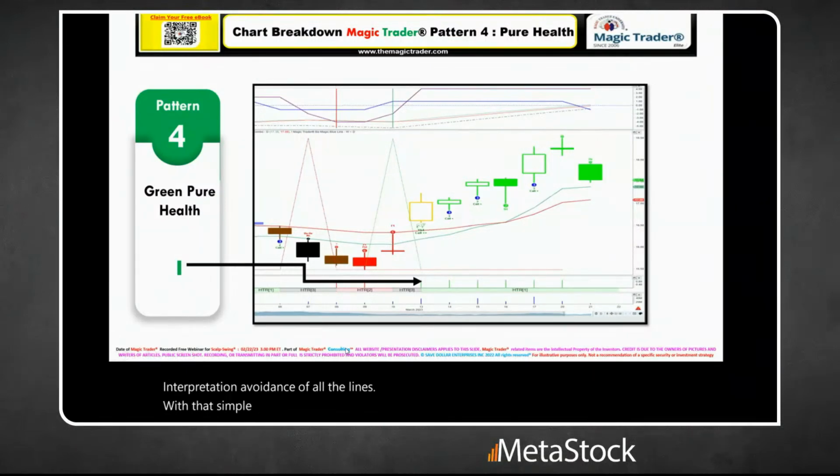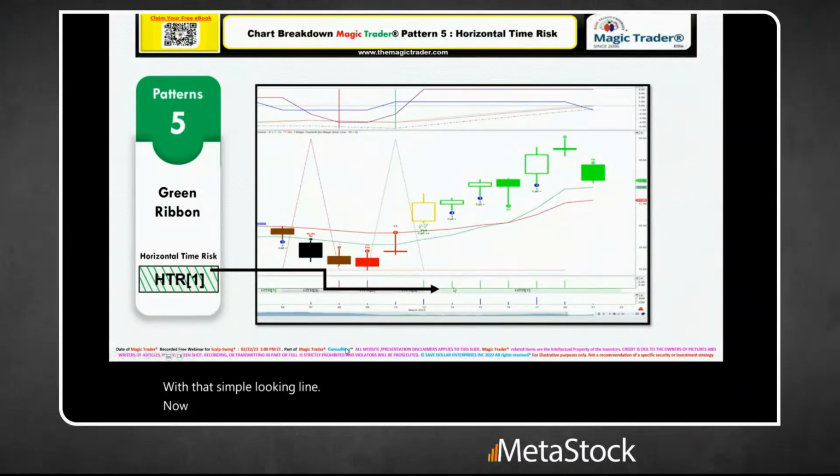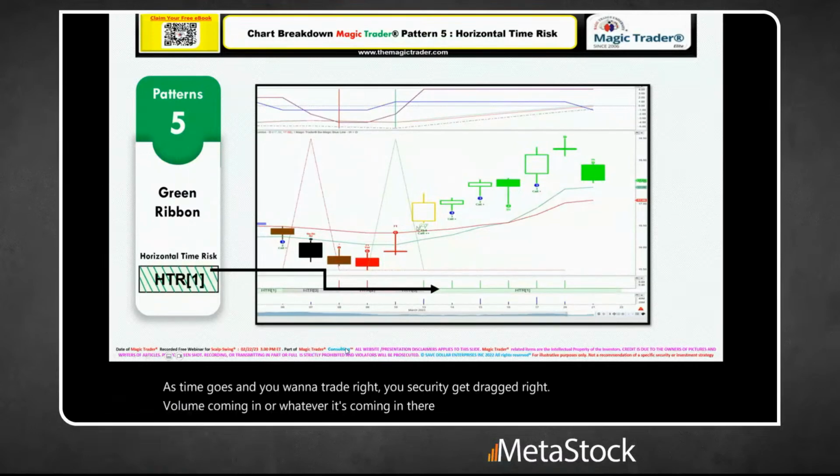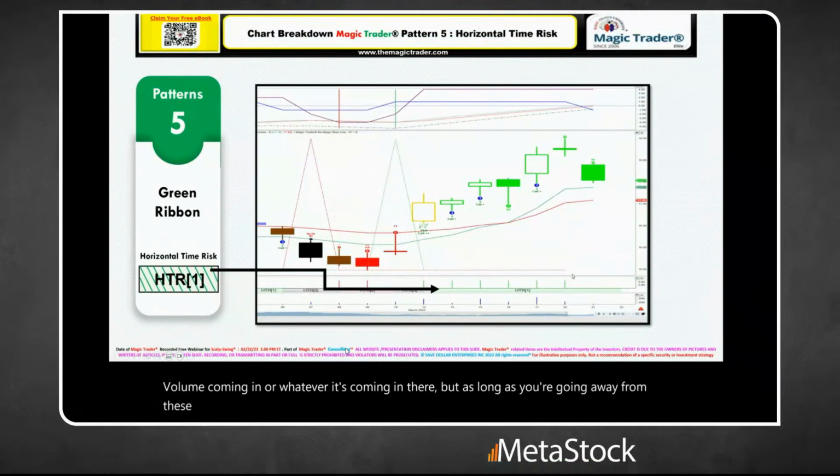So I have some kind of interpretation, avoidance of all the lines, with that simple looking line. Now, this is the ribbon, which is different than any MetaStock ribbons. This is designed based on time risk. As time goes and you're in a trade, right, the security gets dragged, volume coming in or whatever is coming in there. But as long as you're going away from these, it is a risky trade, and you could see the results.